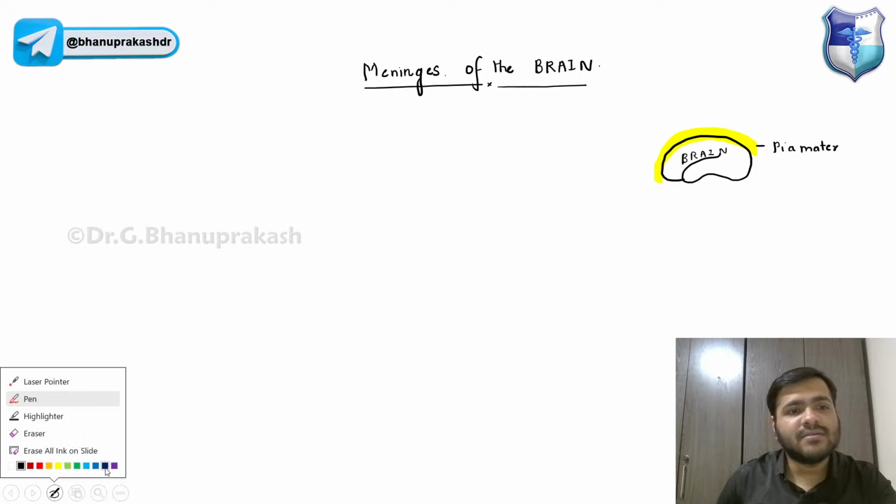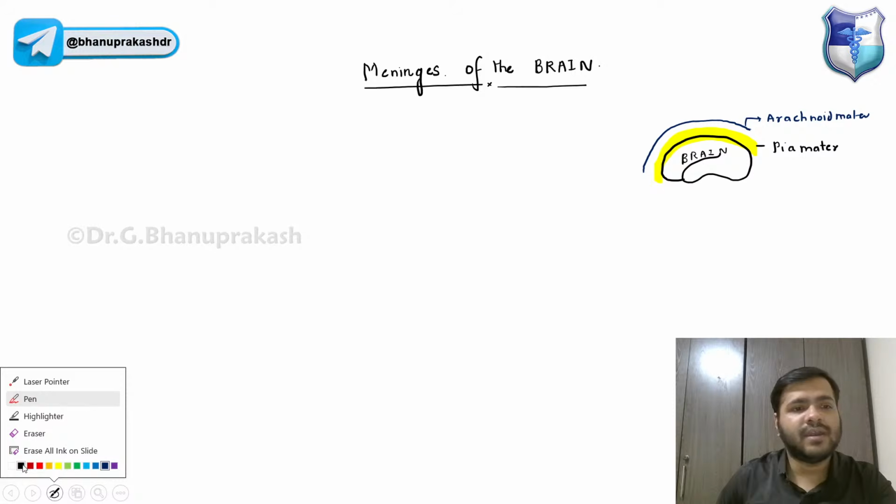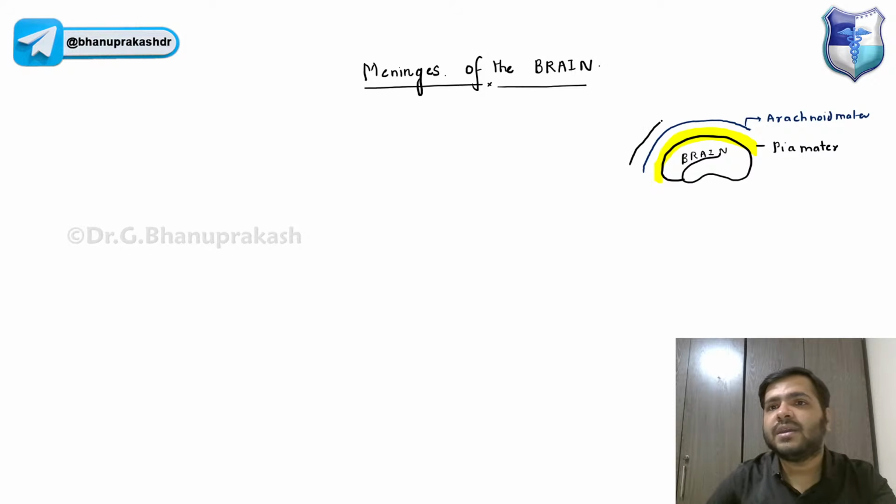Then we have another membrane above this pia mater, that is called the arachnoid mater. And the outermost membrane, which is surrounding everything, is called the dura mater.